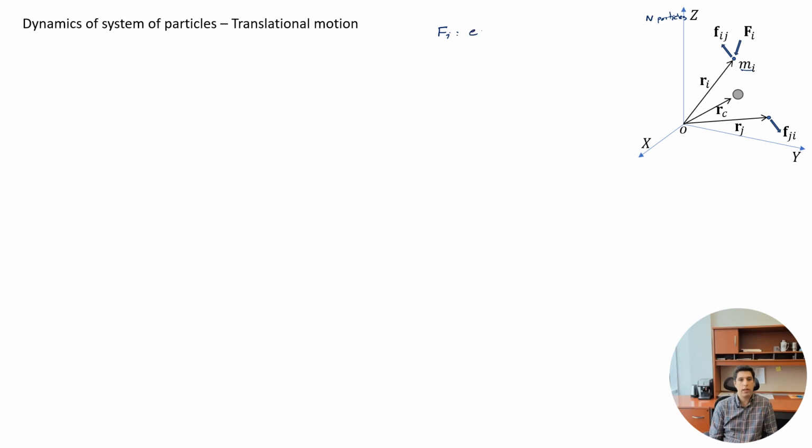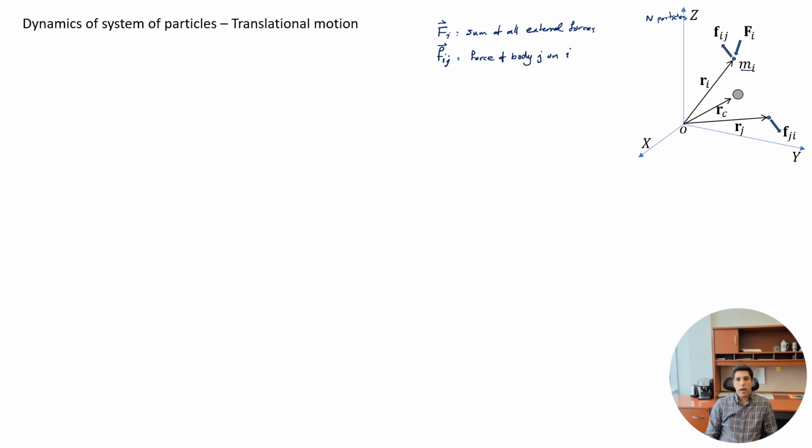Fi is the resultant: we can imagine all external forces acting on that particle summed to be Fi. And there is an interaction force between each pair of bodies. Little Fij is the force of body j on i.